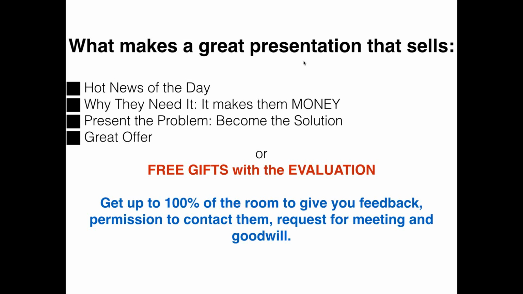But this evaluation form is like my secret sauce when I can't give them an offer, because on this form I can ask them if they want more information, if they want a demonstration. I have a whole checklist of the different things I can do for them.